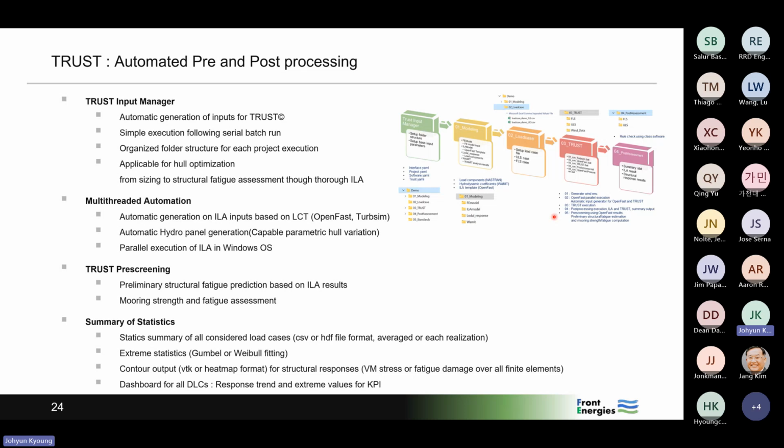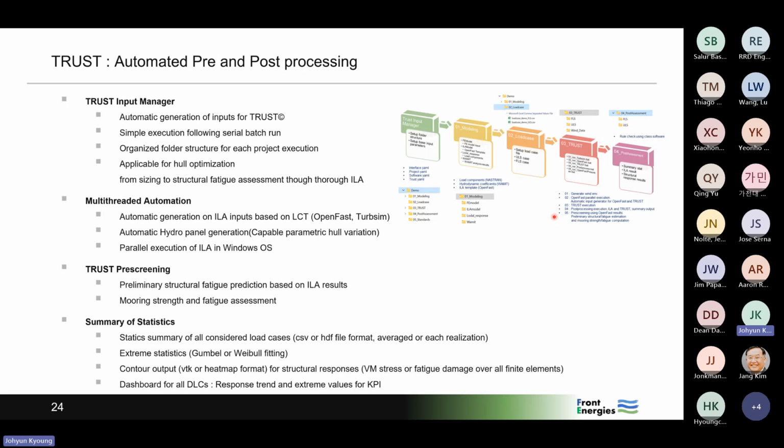Recently, we added a pre-screening capability. So even though the engineer did the ILA-level analysis without the actual structural analysis, using this ILA analysis we can preliminarily estimate the structural fatigue. Then when the structural engineer designs the structural model, using this preliminary fatigue prediction, they can apply design modifications using this information.